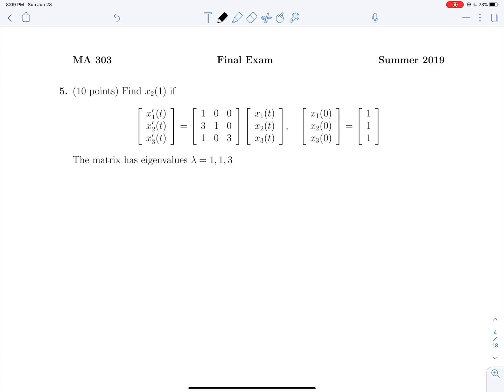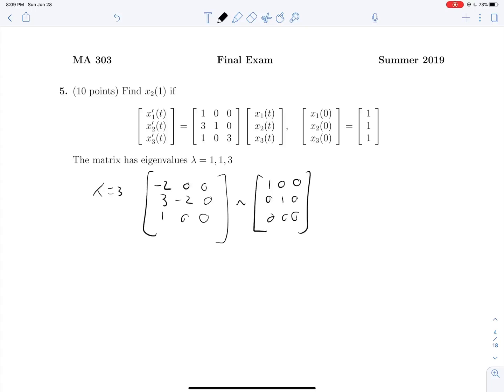So let's plug in lambda equal to 3 into A minus lambda I. We'll get negative 2, 0, 0, 3, negative 2, 0, 1, 0, 0. We can simplify this down to 1, 0, 0, 0, 1, 0, 0, 0, 0. And since x3 is the free variable here, we get an eigenvector of 0, 0, 1.